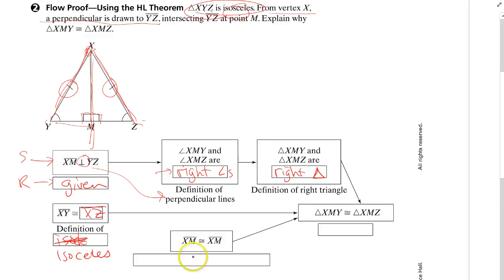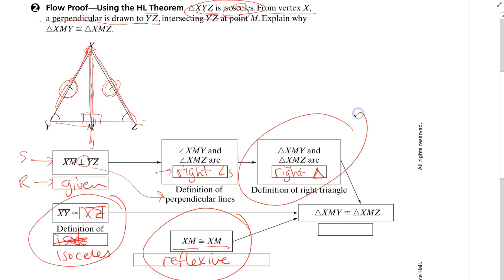So now, what else do we need? We've got a right triangle and a right triangle. We've got a side congruent to a side. We also have XM congruent to itself. What property is that? Yep, reflexive. So now, with all of this stuff, I can say that the two triangles are congruent because I've proved something about the hypotenuse, the leg, and it's a right triangle. So I get to use the HL theorem.